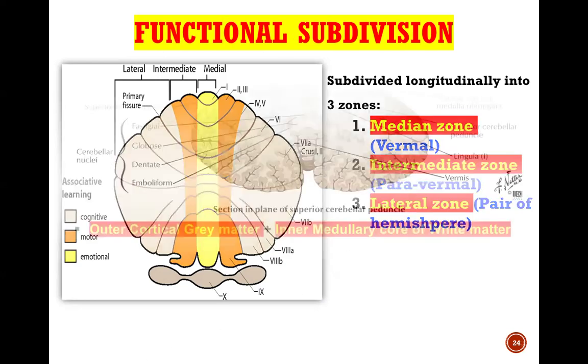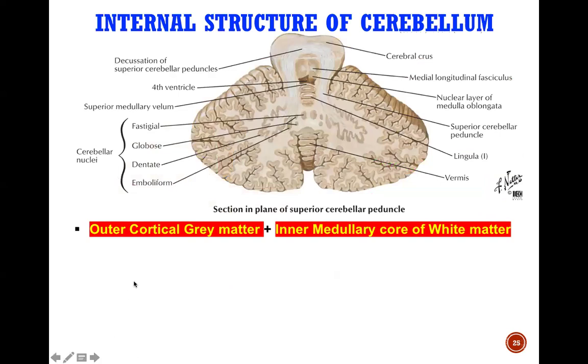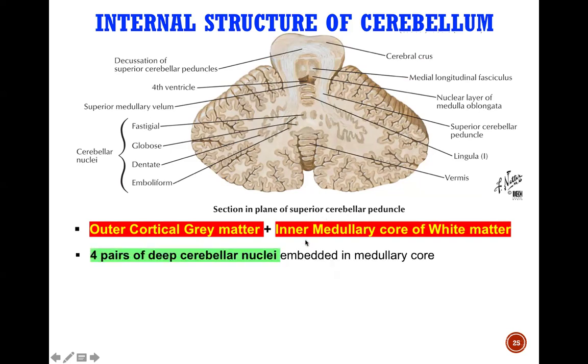Now, if you see the internal structure of the cerebellum, you know that the inner layer is generally made up of white matter, and the outer side is generally made up of gray matter.